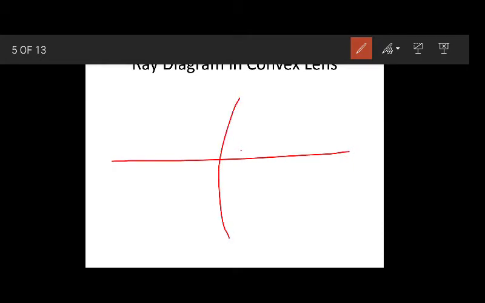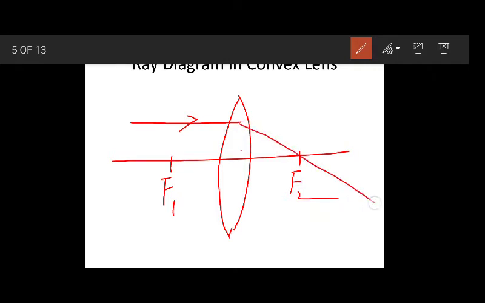This is the lens, and the first law is when light falls parallel to the principal axis, after refraction, think that there are two principal focus, f1, f2. After refraction, the light passes through the principal focus. This is the first law or first ray diagram.